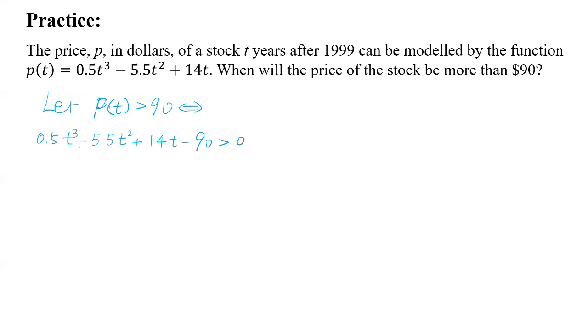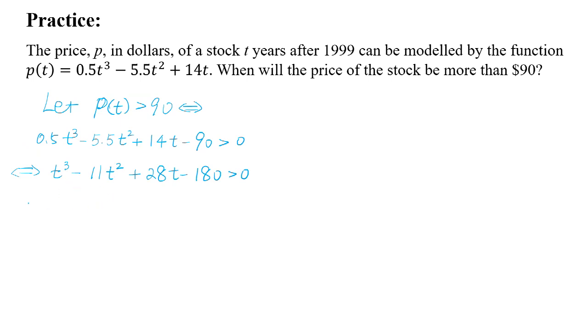And usually making the coefficients integers can probably make the problem easier, right? So we can multiply both sides by 2, right? So it becomes t cubed minus 11t squared plus 28t minus 190 greater than 0.